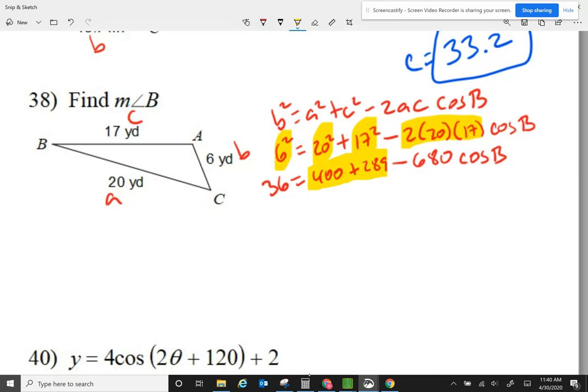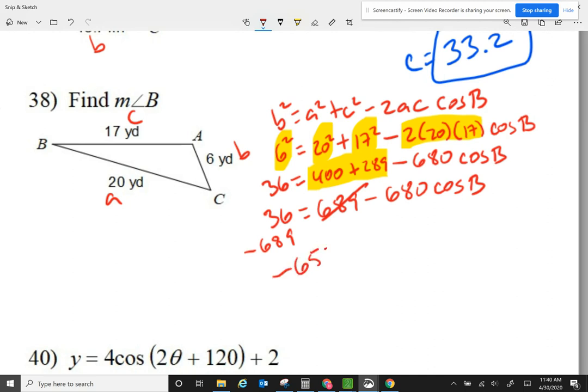Now I can simplify 400 plus 289. So I have that 36 is equal to 689 minus 680 cosine of b. Let me subtract 689. Now 36 minus 689 is equal to negative 653 is equal to negative 680 cosine of b.